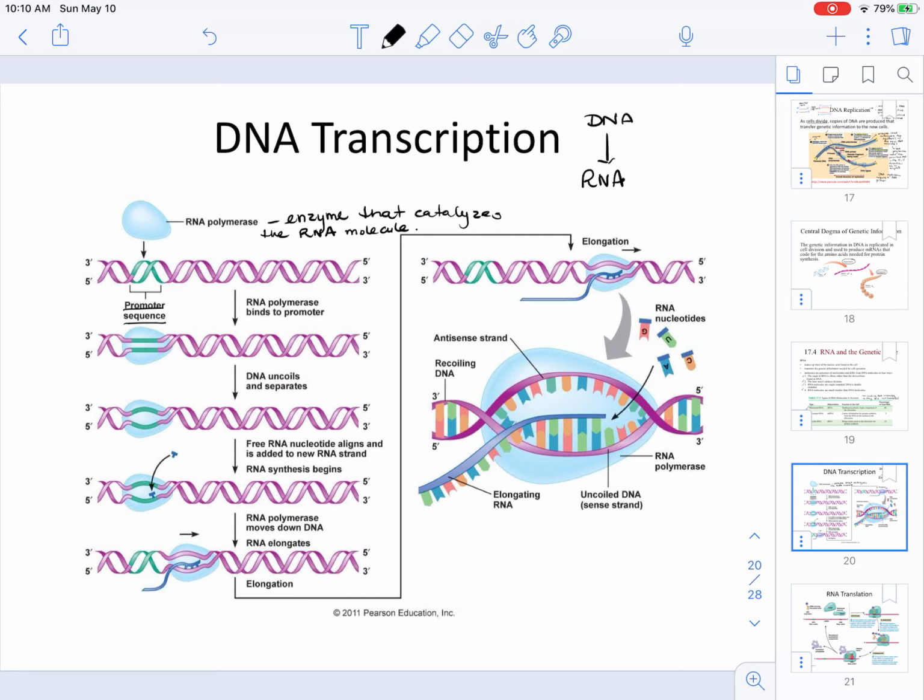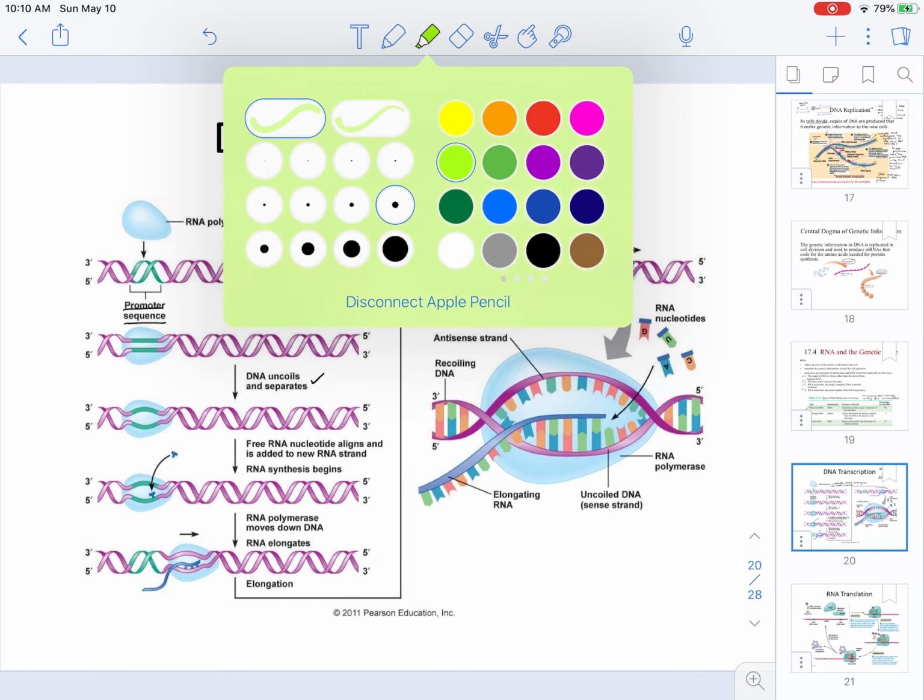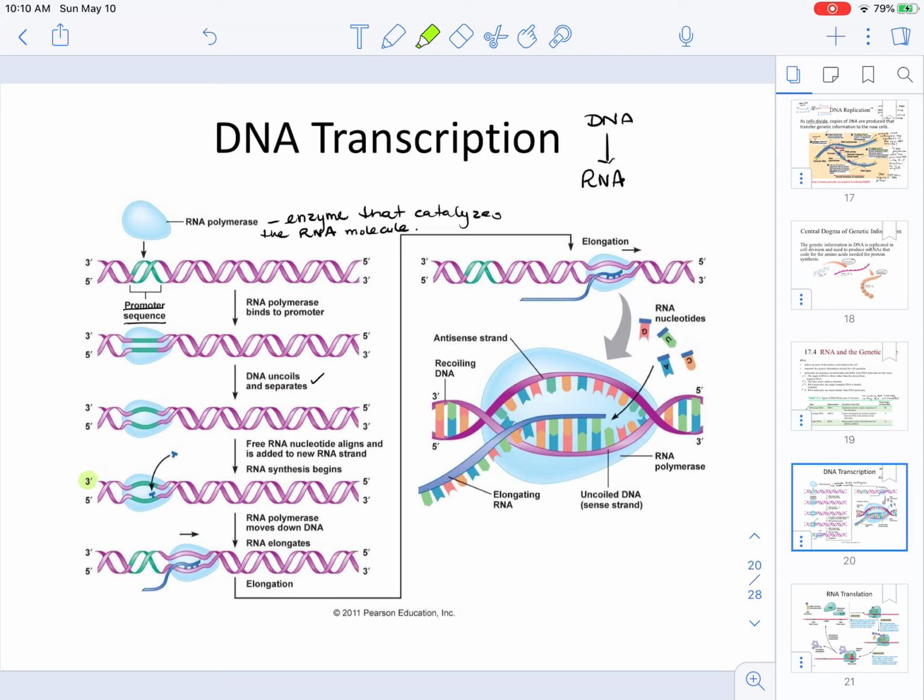Once the RNA polymerase molecule binds to the promoter, it is going to uncoil, basically unwind and separate the strands of DNA. Then, in bacterial cells, which is the system we're explaining here, RNA nucleotides are going to align, using as a template the 3' to 5' strand of DNA.